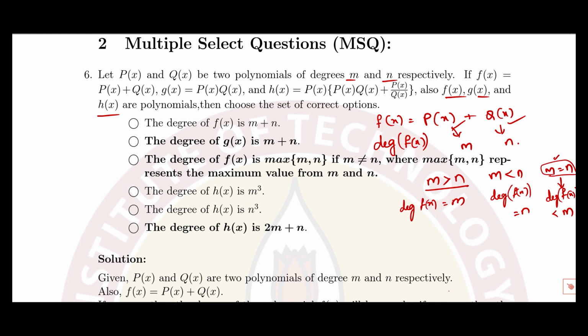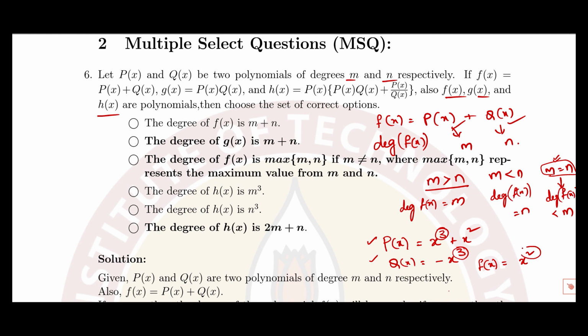So let us see a small example regarding this special case. For suppose that P of x is equals to x cube plus x square and Q of x is equal to minus x cube. So the degree of P of x is 3, the degree of Q of x is also 3. So the degrees of these two polynomials are equal. If you see the sum of those two polynomials f of x, we get x square.